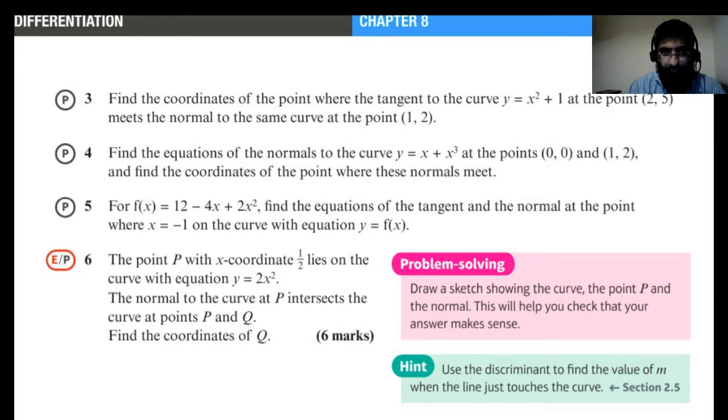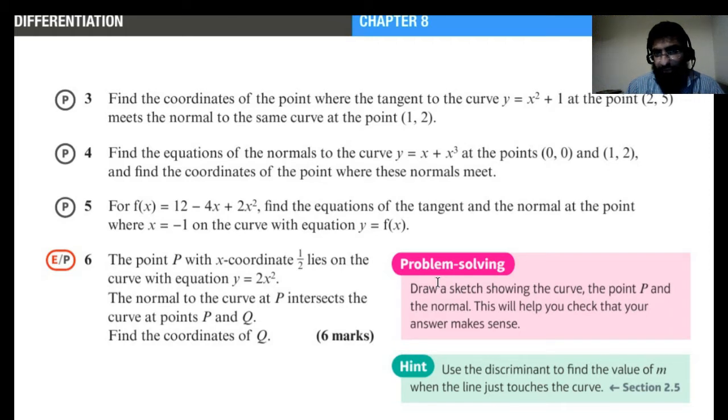Should I put the second point into the first equation? Wouldn't you have to do the differentiation first to find the gradient?